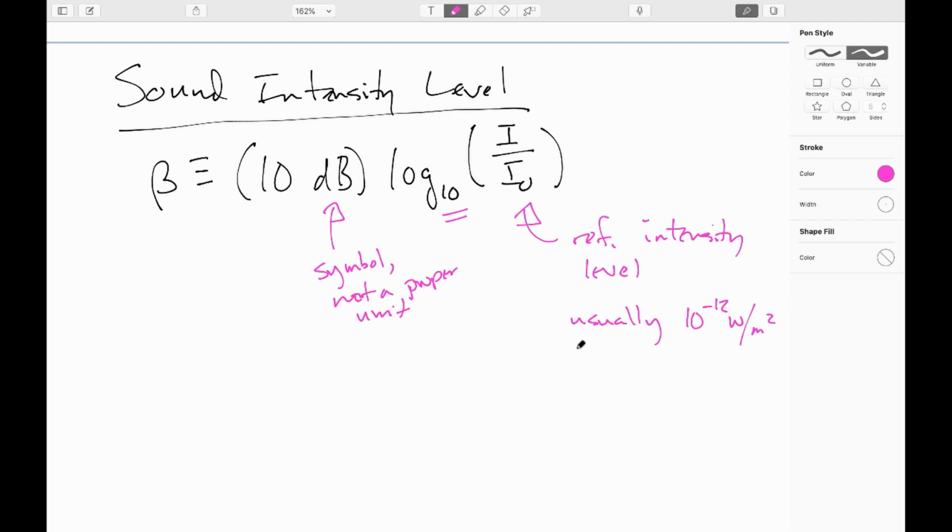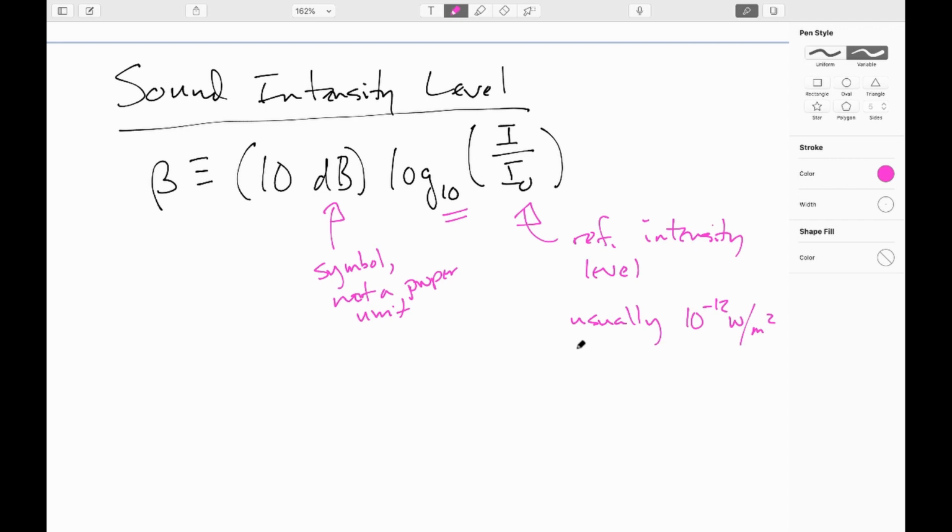This is if you take people who haven't been exposed to much in the way of loud sounds, have healthy ears, put them in one of those special soundproof rooms, and then you start playing very quiet sounds and tell them to lift their finger when they first think they might have heard something. And then you take an average of that across subjects. That turns out to work out to be about 10 to the negative 12 watts per square meter.